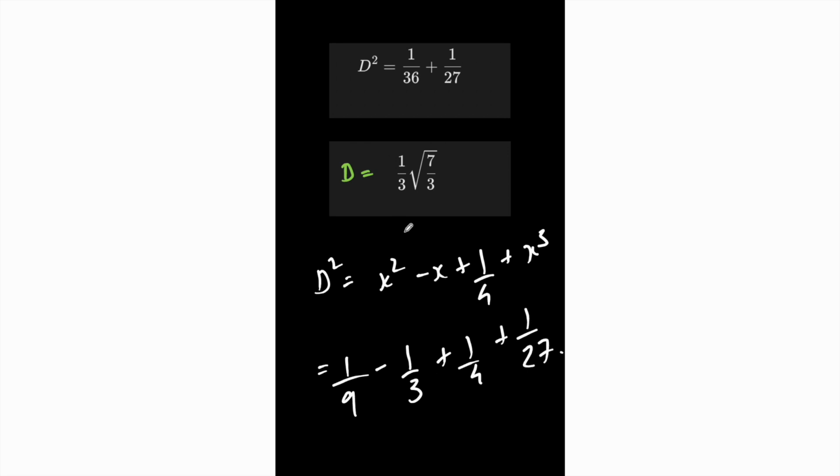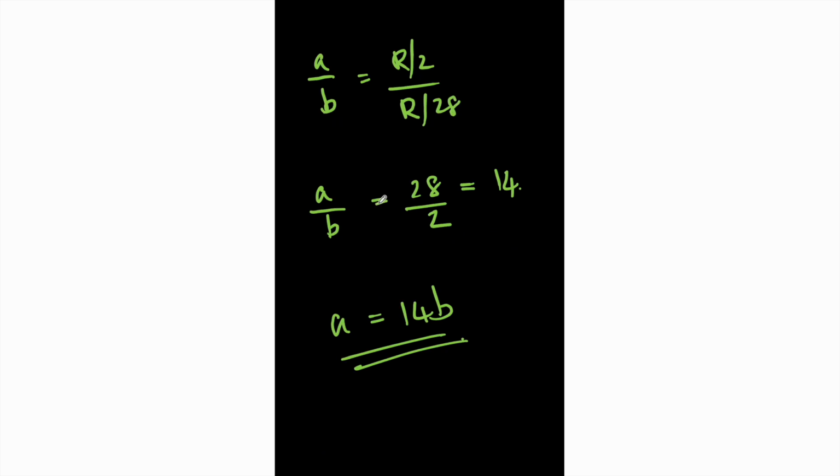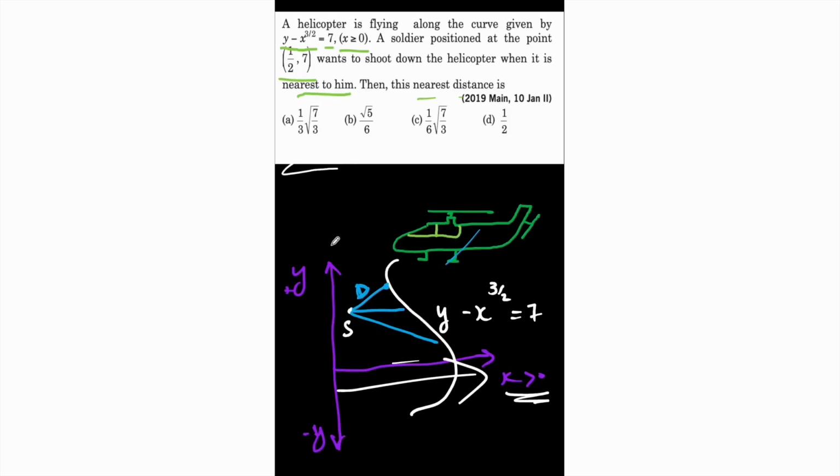If you simplify this out, D square comes out to be 1 by 36 plus 1 by 27. If you cross multiply and simplify, you will get D is equal to 1 by 3 into the root of 7 by 3. So the answer must be option A. Thank you.